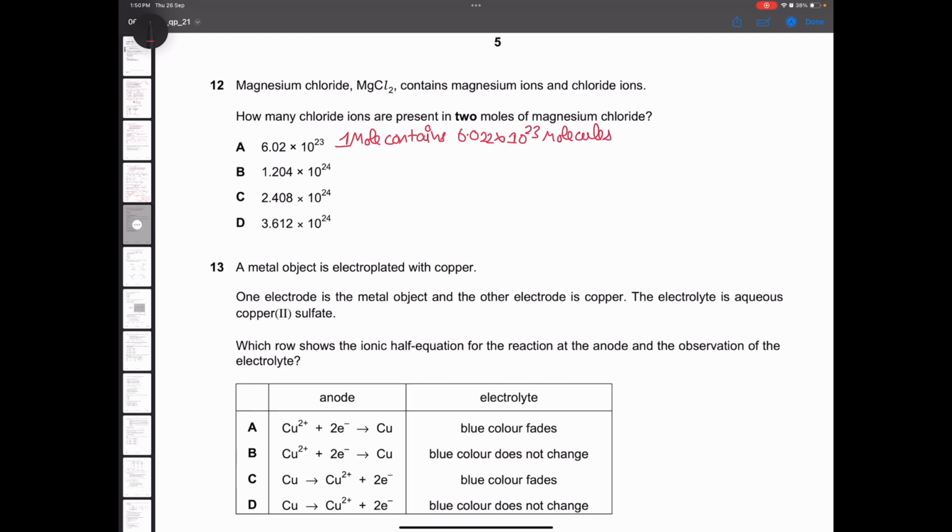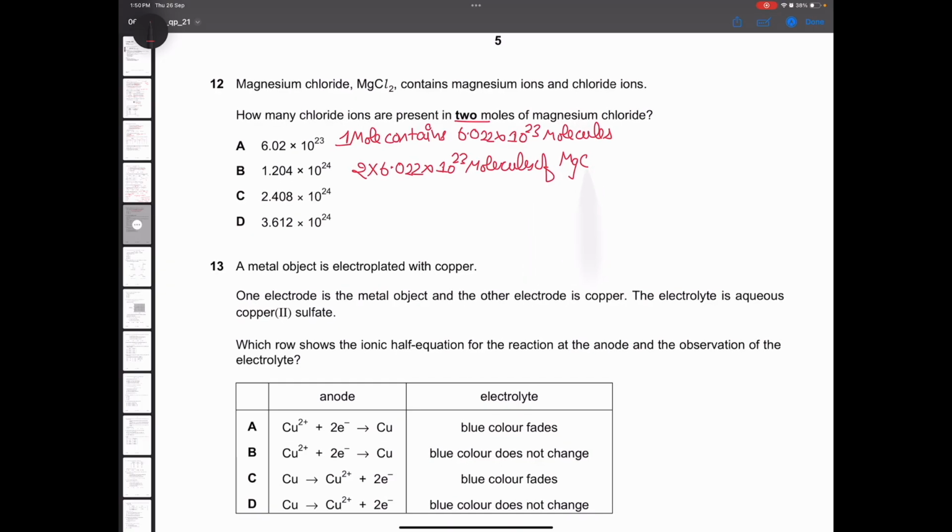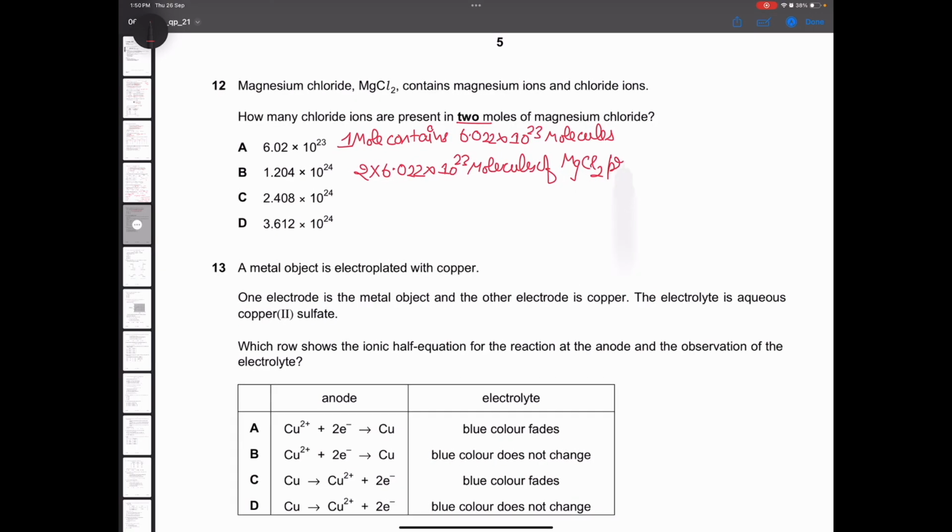All right. How many moles do we have? We have 2 moles. So I will say 2 times 6.022 times 10 to the power 23 molecules of magnesium chloride we have present.